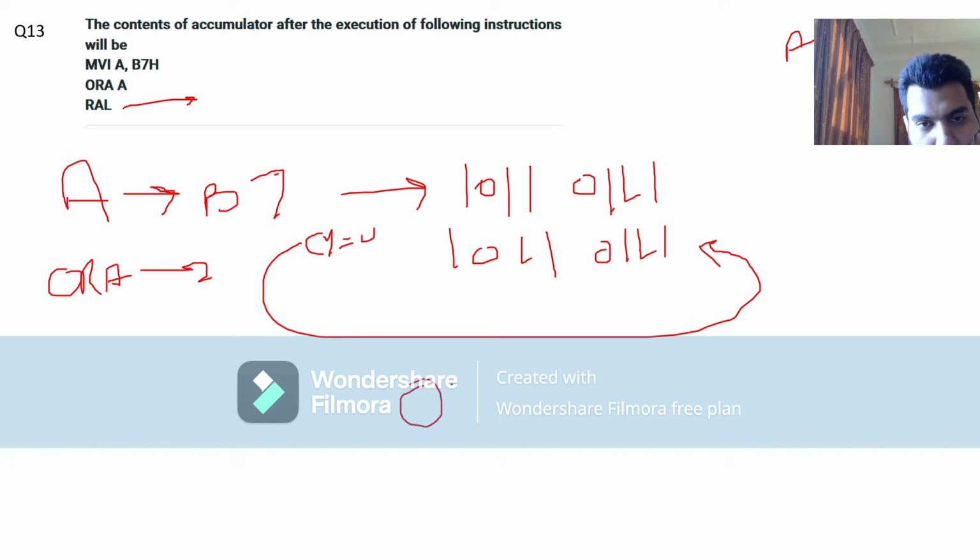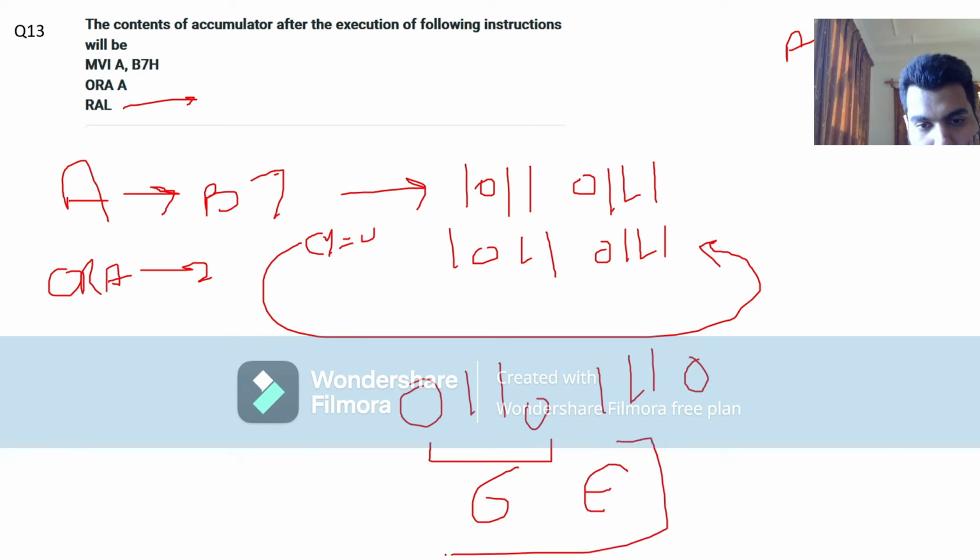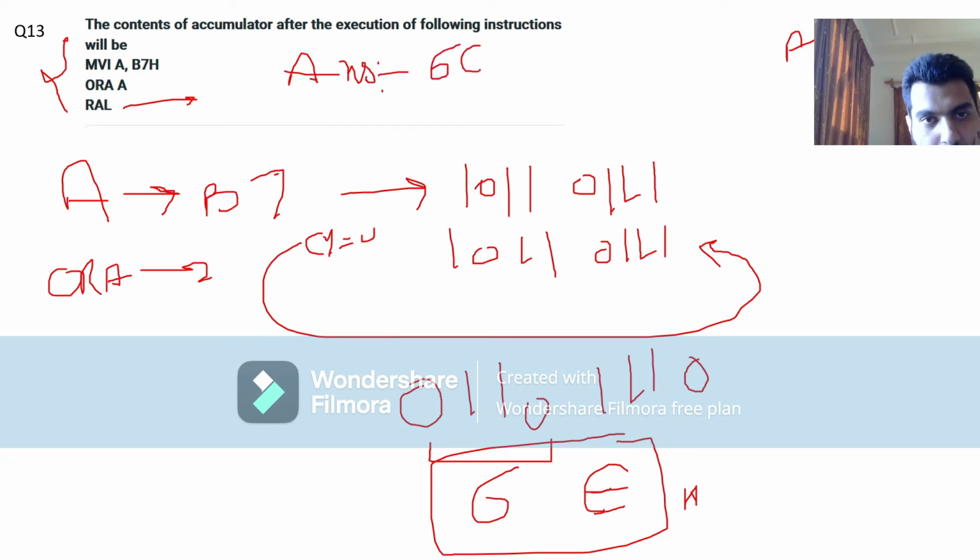So this will be 01101110. This part is 6, and this part is 8 plus 4 is 12, 12 plus 2 is 14, which is E. So after the execution of this program, the contents of the accumulator will be 6E hex. So the answer to this question is, let me just write it here, 6E hex.